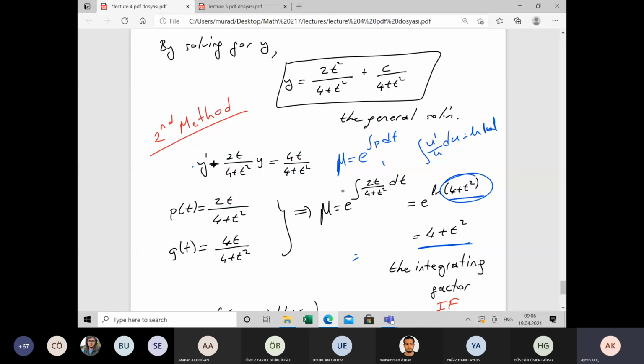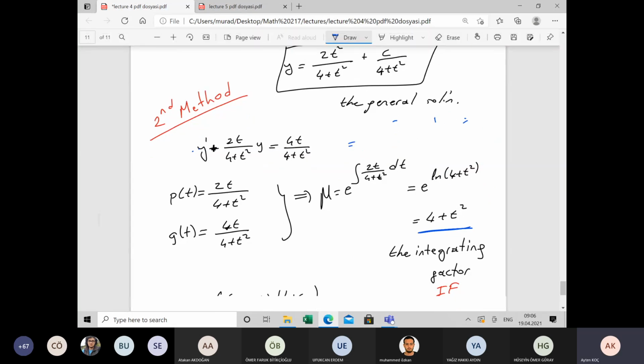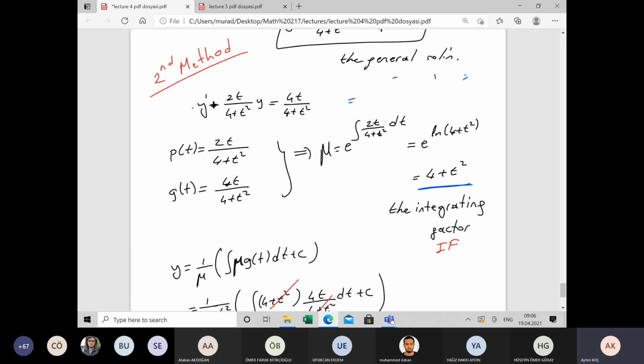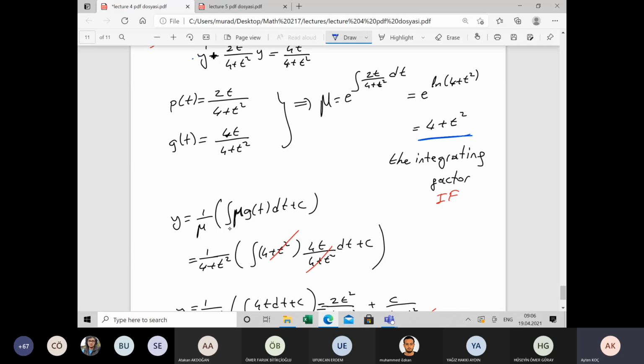Then our aim is to solve for y. We use the method of multiplying by mu, and then integrating both sides, or we know the formula from the beginning. y is equal to 1 over mu times the integral of mu times g of t dt plus c.